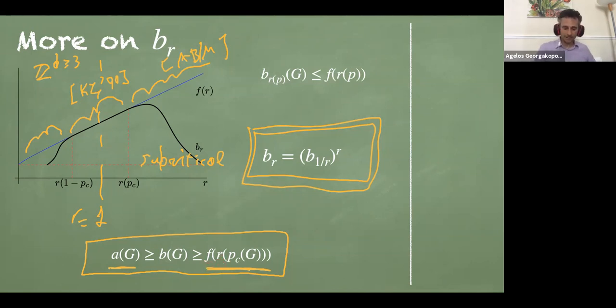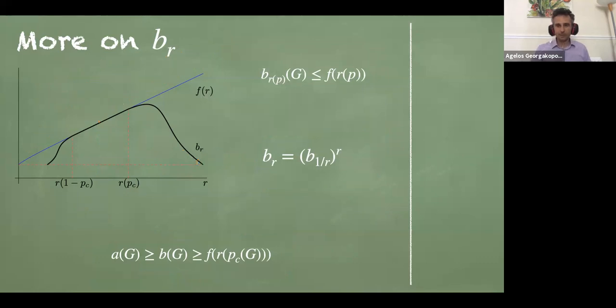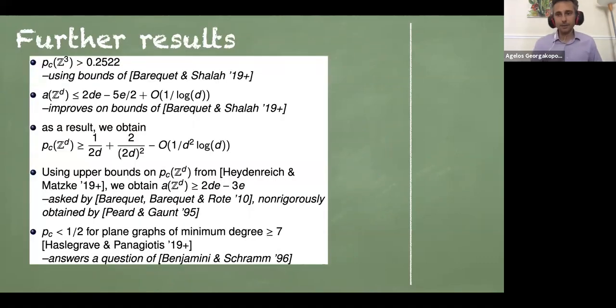Okay, so we have a general way of transferring results between the probabilistic world of percolation, knowing things about PC, and the deterministic world of counts of polyominoes. If you have a bound in one setup, you get a bound in the other. And we managed to exploit this in various setups. In fact, we did very little. We just combined mostly results from the literature.